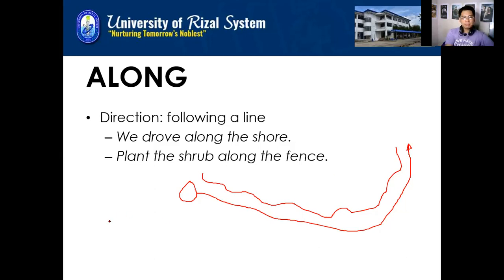Or let's say, for example, this is the fence. So you plant the shrub along the fence. For example, there's just a certain fence, and you just follow the line of the fence, and that is where you plant the shrub.